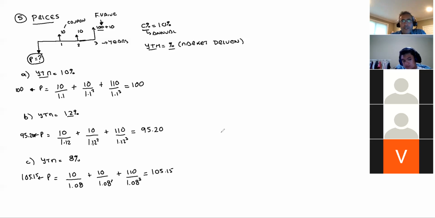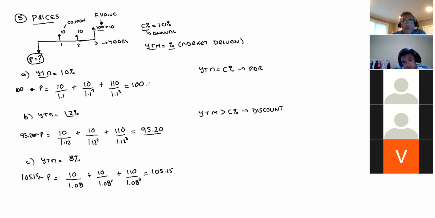Make sense? So guys, what do we call it when the yield to maturity equals the coupon rate? The bond is called a par bond. When the yield to maturity is larger than the coupon rate, this is called a discount bond, because you can see the price is lower than the face value.